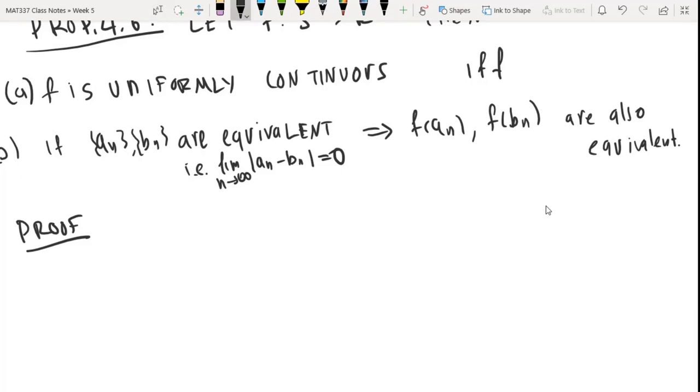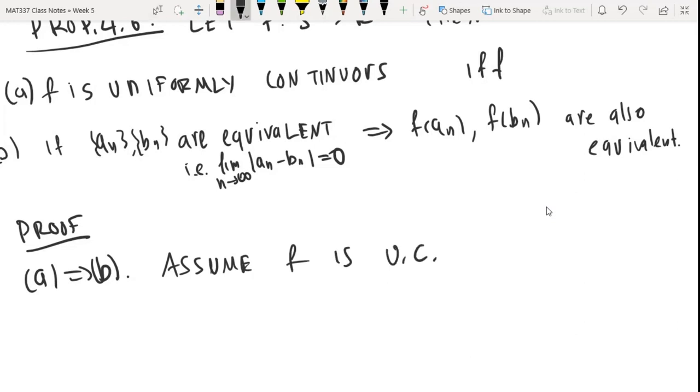So we'll show that A implies B. All right. Meaning we want to show, so assume f is UC.